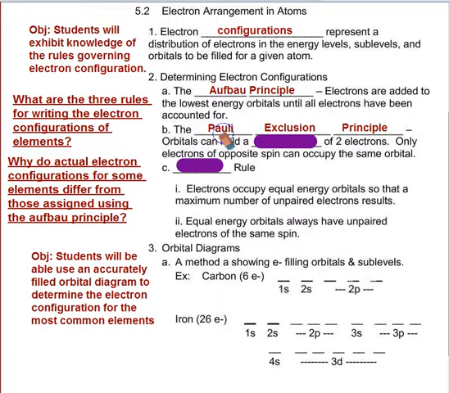I'm talking about the Wolfgang Pauli exclusion principle, that orbitals can hold a maximum of 2 electrons, and they must be of opposite spin.